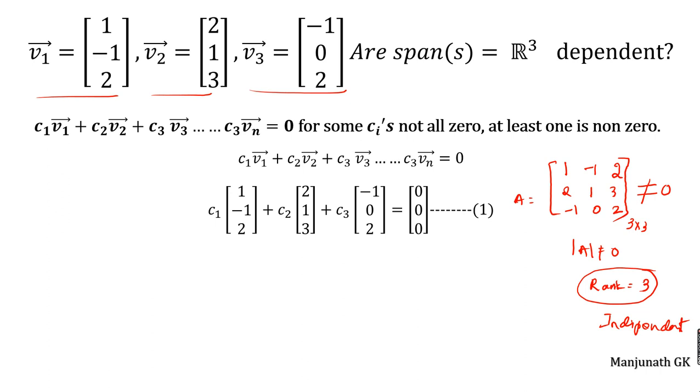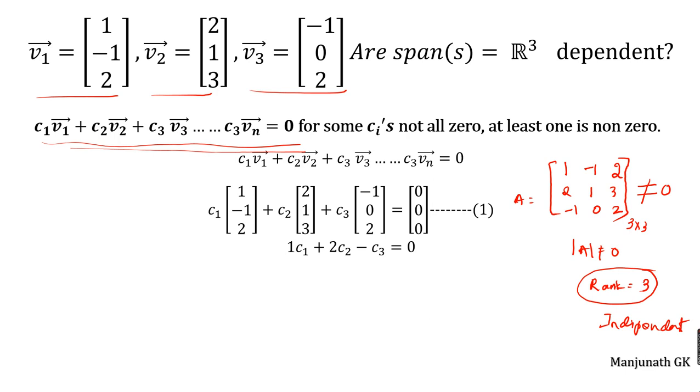We can use the other method. Verify this formula. Span means linear combinations. If it is equal to 0, then you can say they are dependent, else they are independent. Okay. Substitute v1, v2, v3 in this equation.